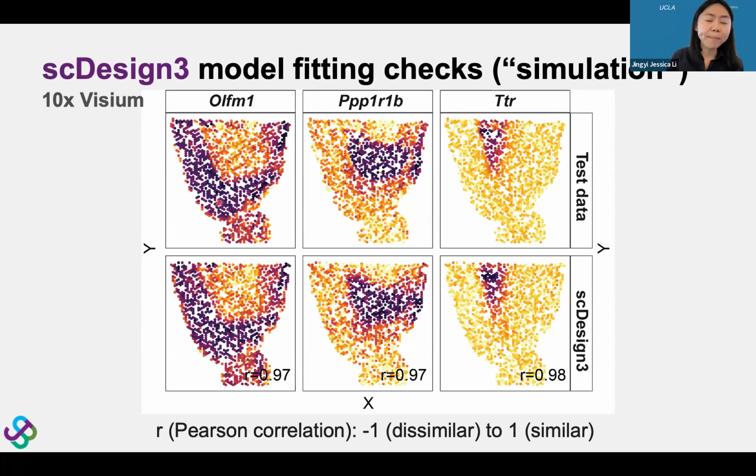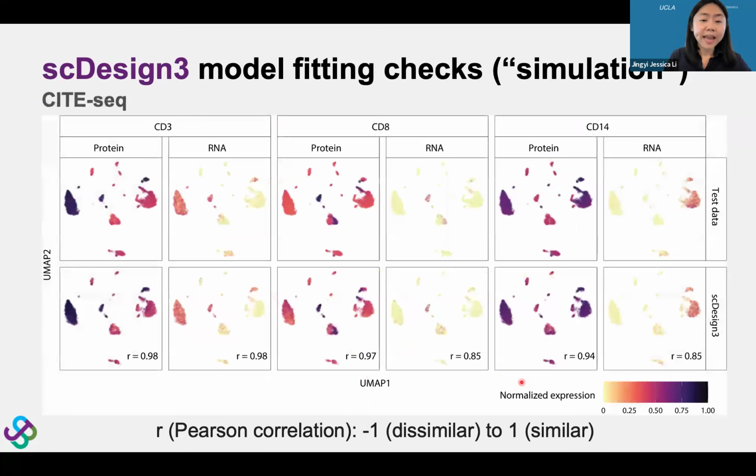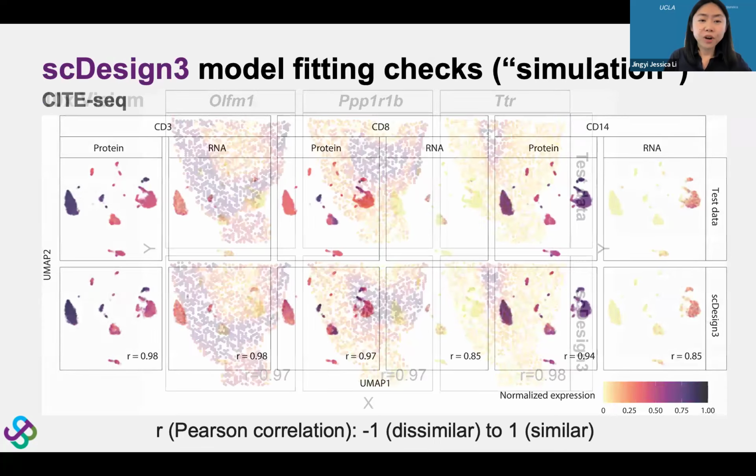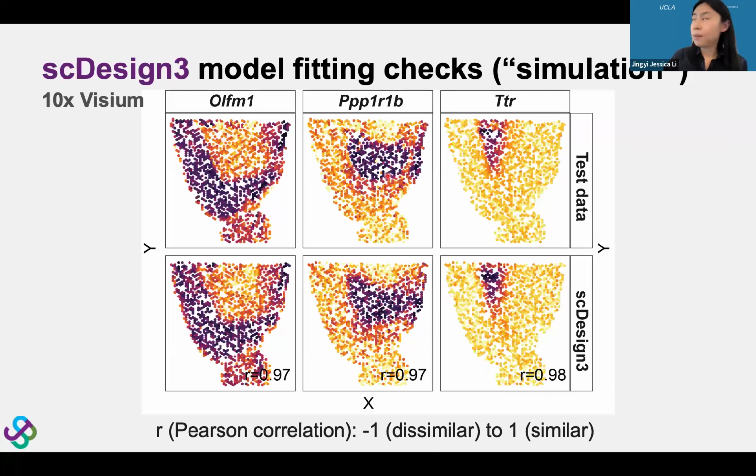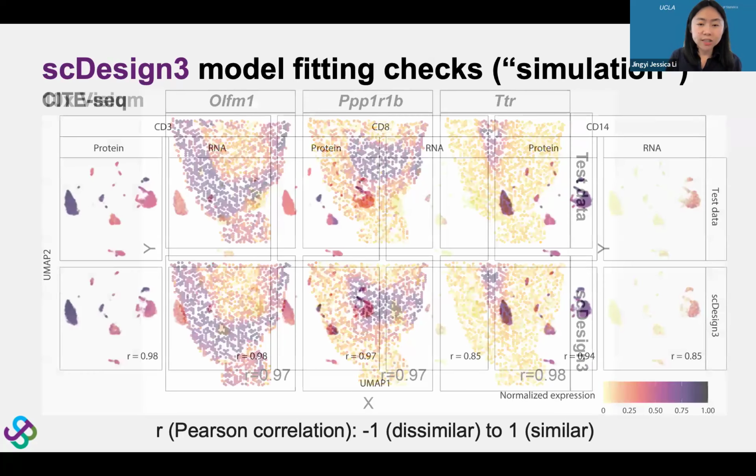So there's a one-to-one map between the spatial locations, and we just compute the Pearson correlation for this gene across all the spots, and we found that the correlation is pretty high. And I forgot to say, for the function of the gene, the mean expression of the gene in the 2D space, we use Gaussian process. That's just a special case for our model I didn't mention.